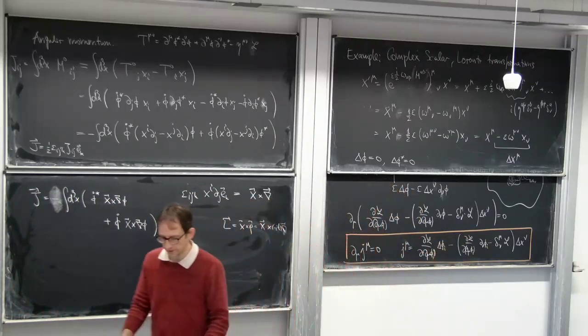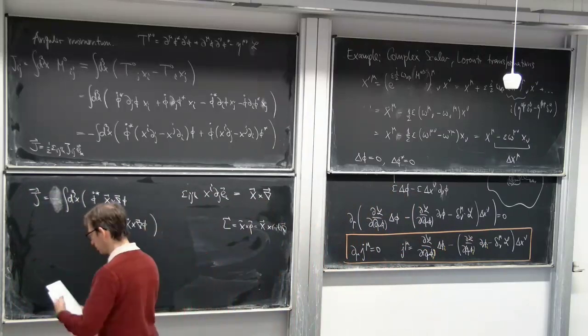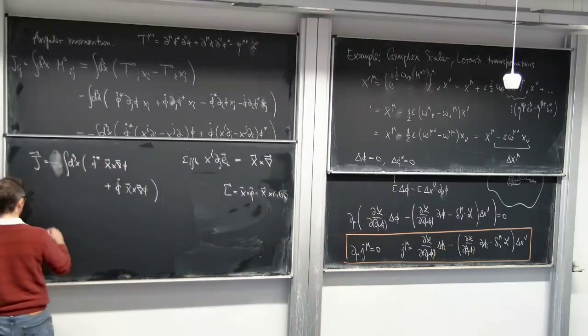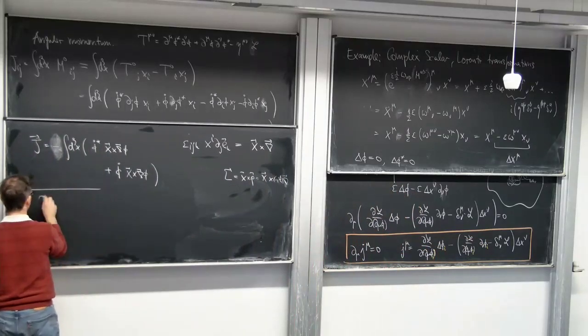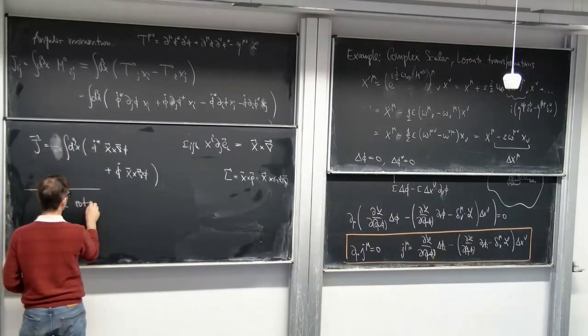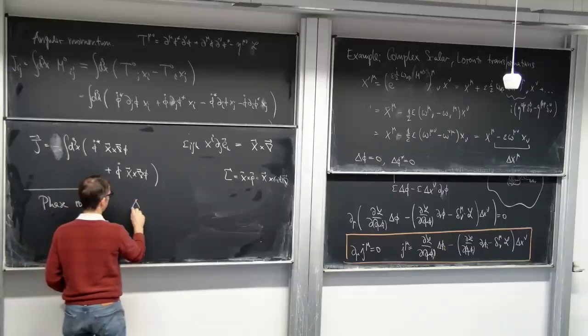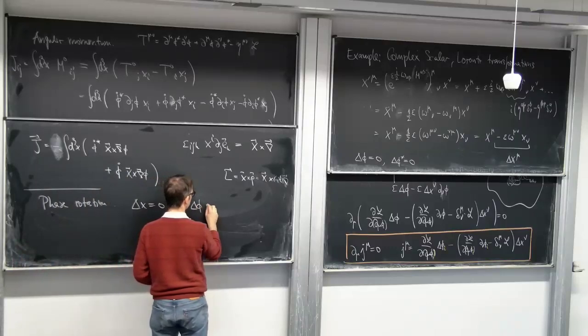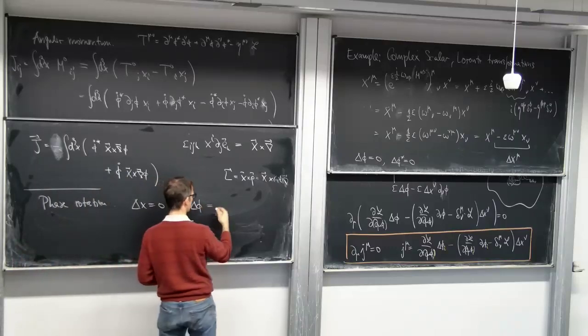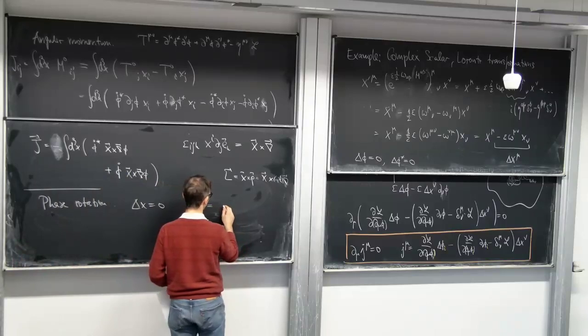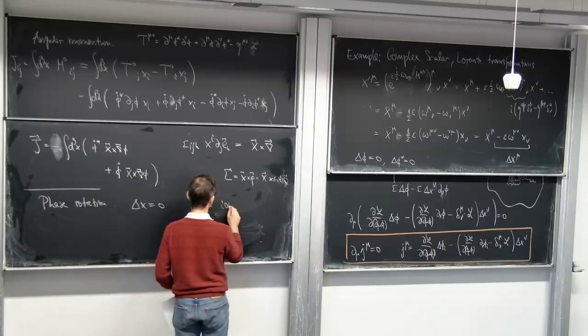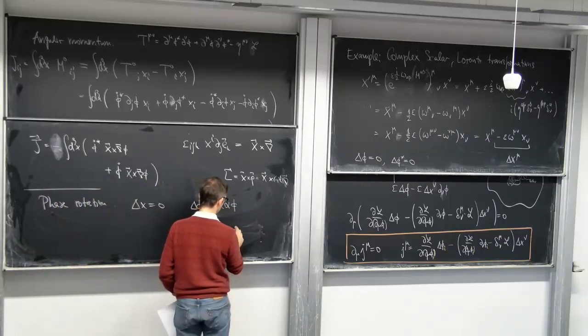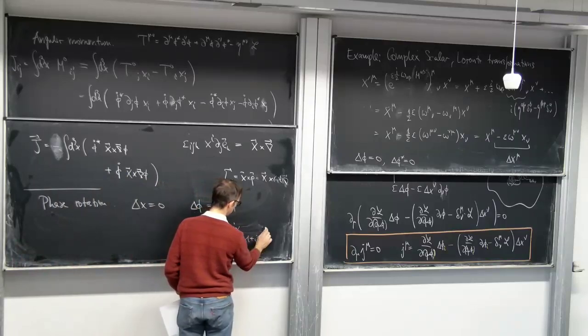If there's a phase rotation, then delta x is nothing, and the phi gets multiplied by a phase, so this is like a scaling with an imaginary number, because e to the i alpha was an expansion 1 plus i alpha.